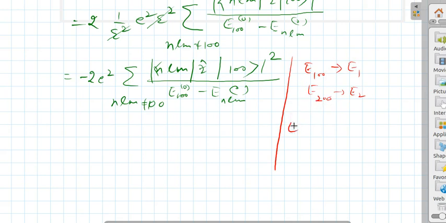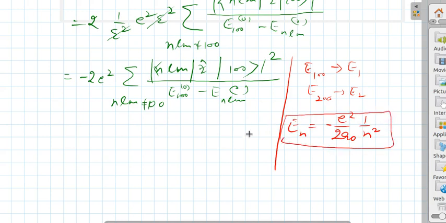As I know, E n is equal to minus e square by 2 a naught times 1 over n square. This is the standard relation from the hydrogen atom problem. So E1 is equal to minus e square by 2 a naught, and E2 is equal to minus e square by 2 a naught times 1 by 4.